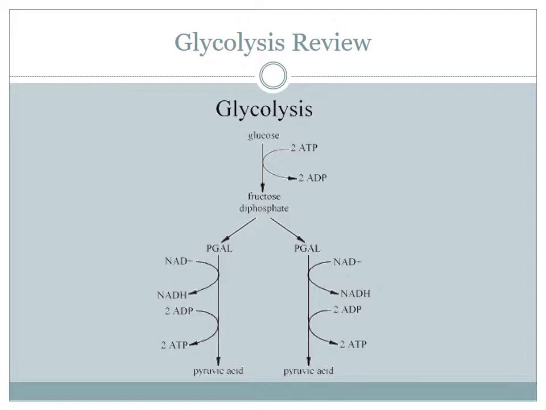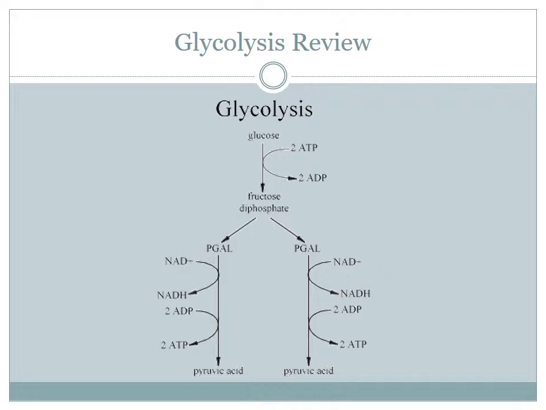The molecule that's produced, fructose diphosphate, is then split into 2 molecules of PGAL. That PGAL is going to then be broken down into pyruvate or pyruvic acid. In the process, NAD plus is converted to NADH, and 2 ADP go in and 2 ATP come out.